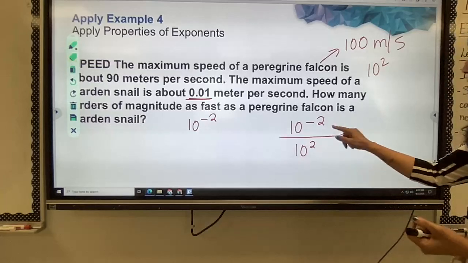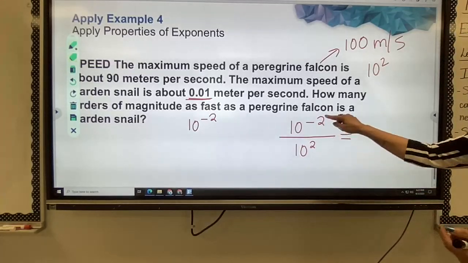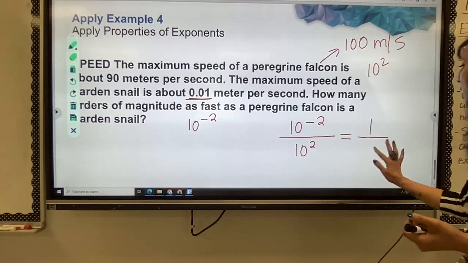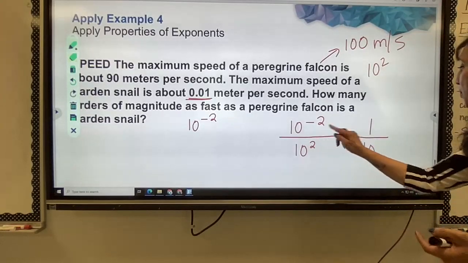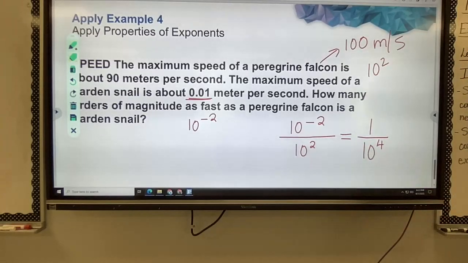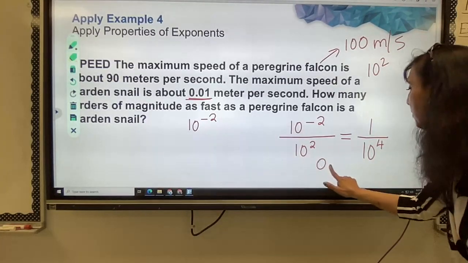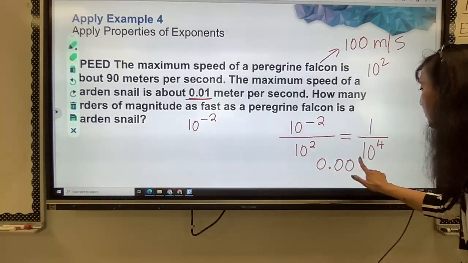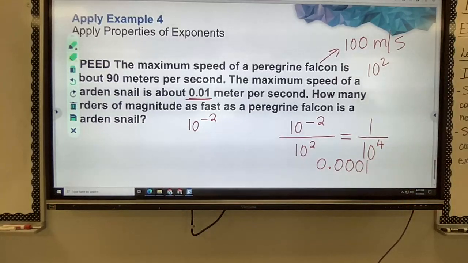Use my properties, I'm going to do the reciprocal, or I can just do this. I can do 1 over 10, and I'm going to bring this down, so this becomes this. All right, 1 over 10 to the 4th power. There we go.